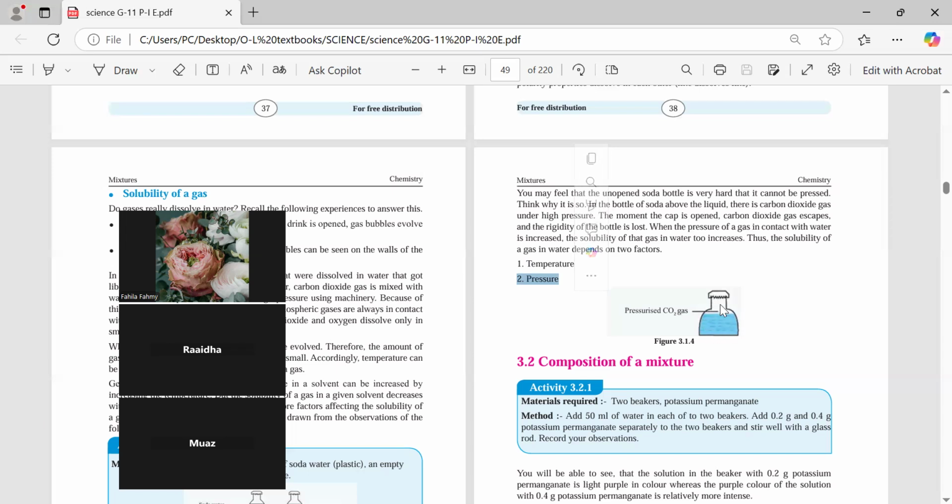So under pressure, the gas is dissolved in the liquid that we are drinking. Once you open it and leave it open, what happens? The gas comes out and you no longer feel the fizziness of the drink. Have you all experienced that?